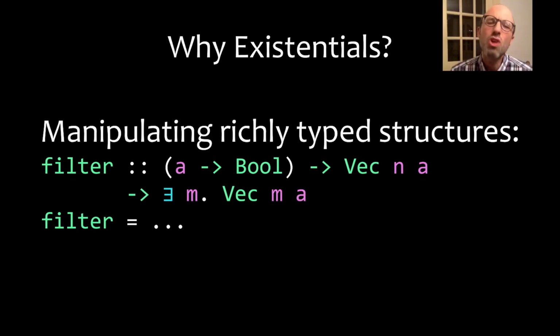Well, I don't know what the output is going to be based on the input. I know this output length m has to be less than or equal to n, but that's a pretty vague relationship, right? And so I can't say compute the result of m just based on n. So that means that there's going to be some length of my output vector, but I don't know what it's going to be. In other words, it's going to be existentially bound. There exists a length m, but I don't know what it is.